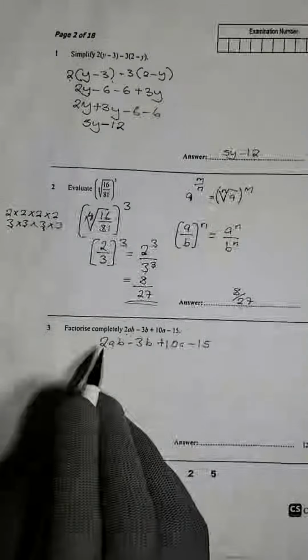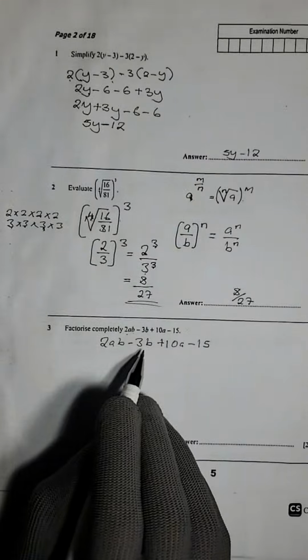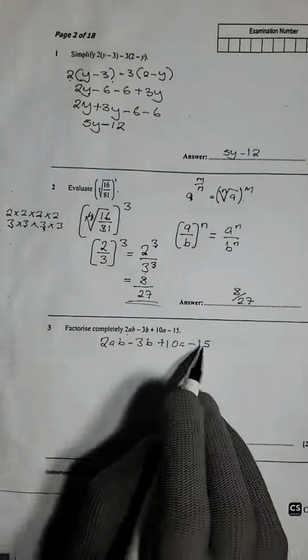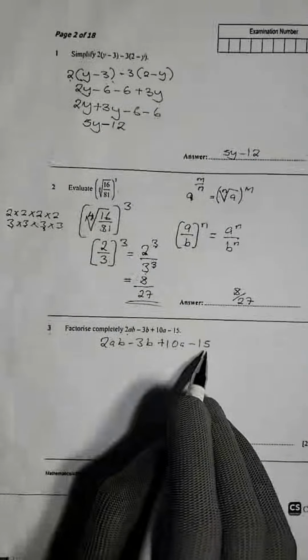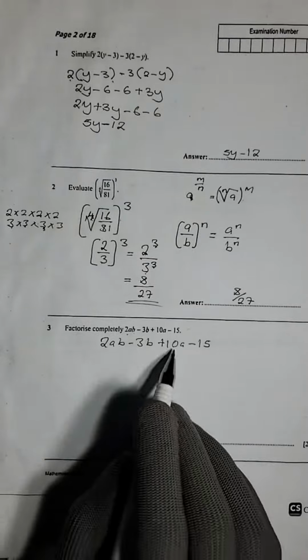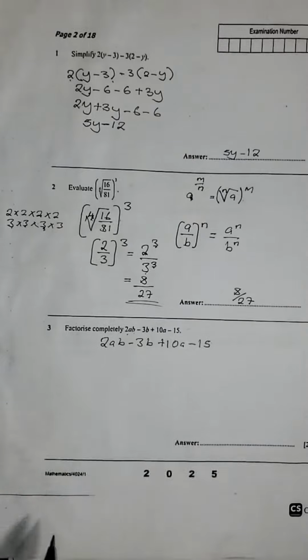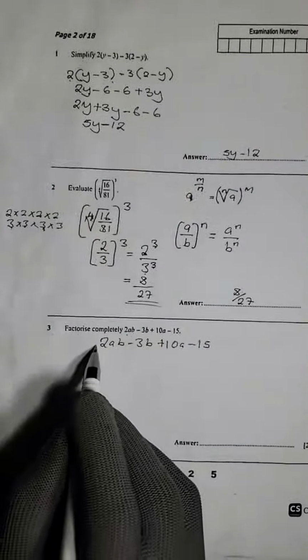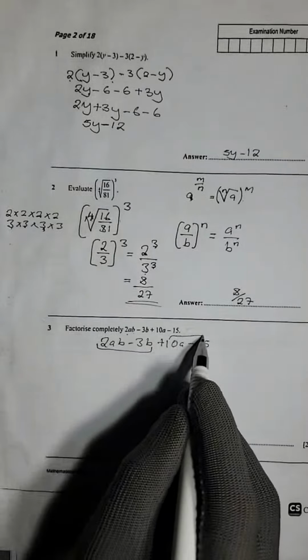Between the first and the second term, do you have what is common? Yes, I can see b is common. How about here? Do you have a number which can go into 10 and 15 leaving no remainder? Yes, we do. We have 5 can go into 10 and into 15. So we can group these two and these two.